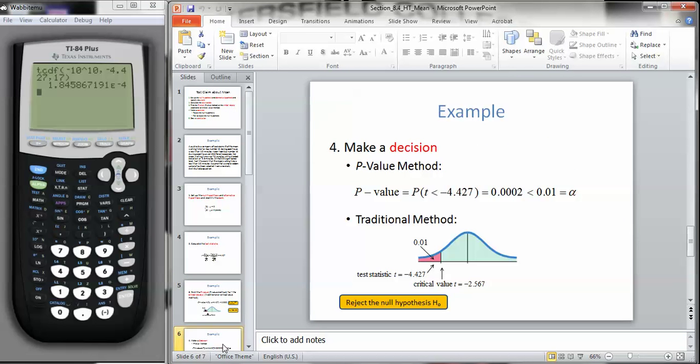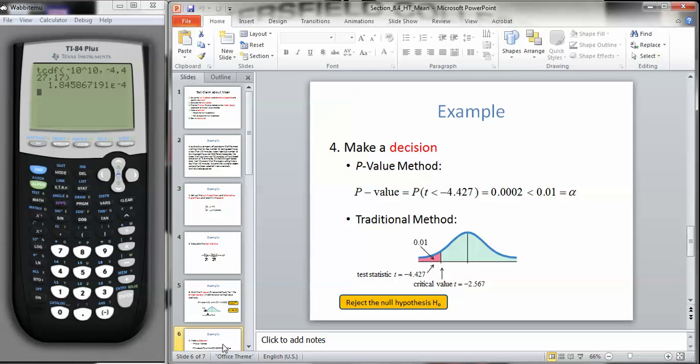Okay, after that is done, now the decision. For the p-value method, we're comparing the p-value with alpha. In this case, the p-value is 0.0002, alpha is 0.01, so our p-value is smaller than alpha, which will lead us to reject the null hypothesis. And then for the traditional method, the critical region would be t less than negative 2.567.